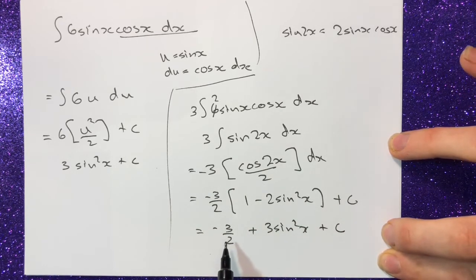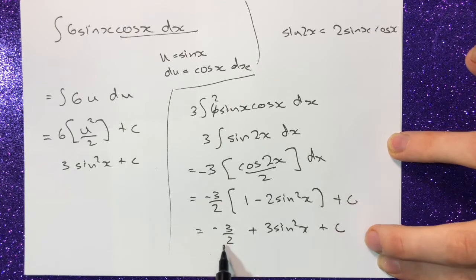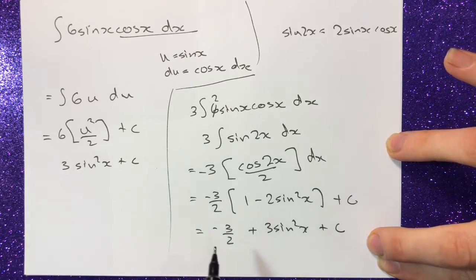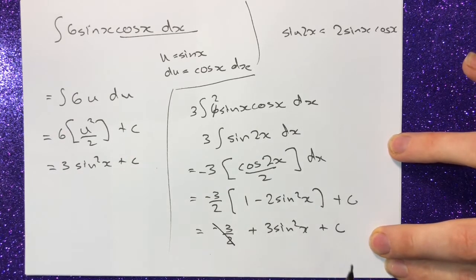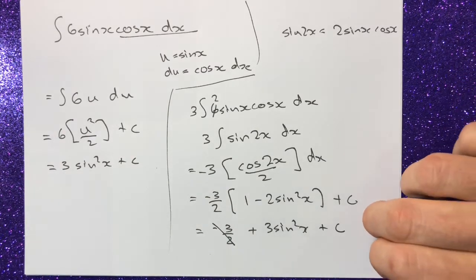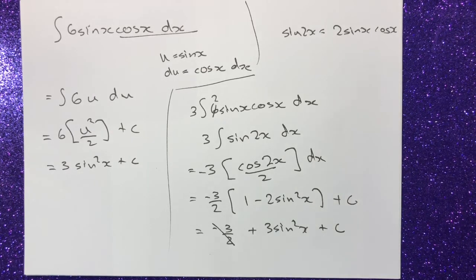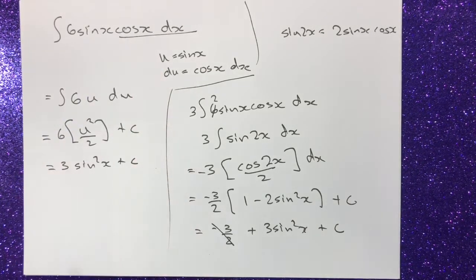Now remember that c is any unknown, so the fact that I've got a 3 on 2 in this answer but I didn't in this one doesn't really matter, because that can all just become part of your plus c anyway when you just get plain numbers out. So there you go, both ways work, but you can see here if you can do a reverse chain rule, it's faster.